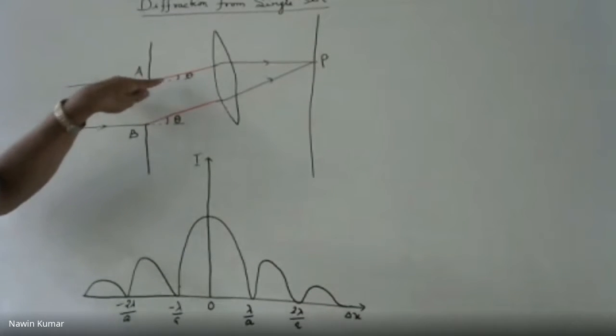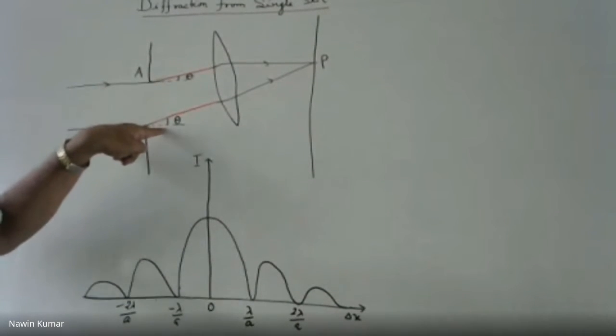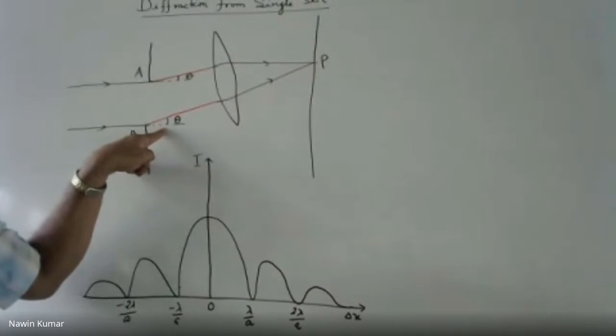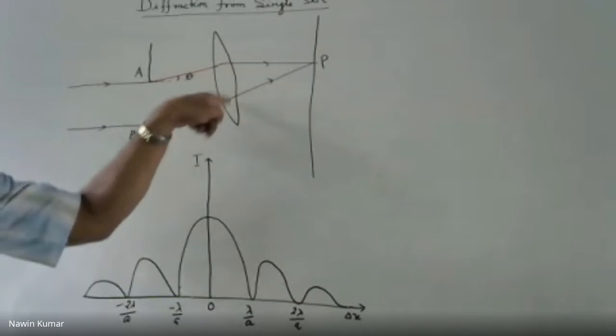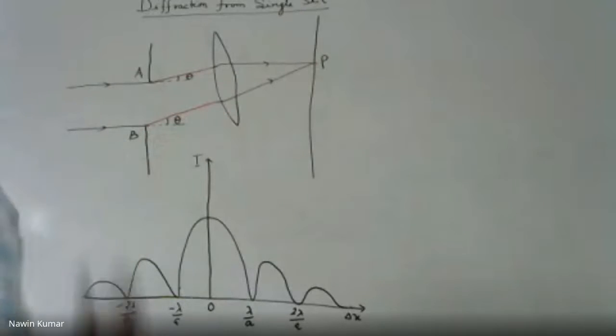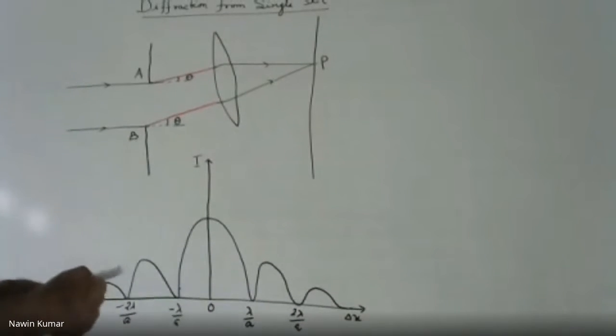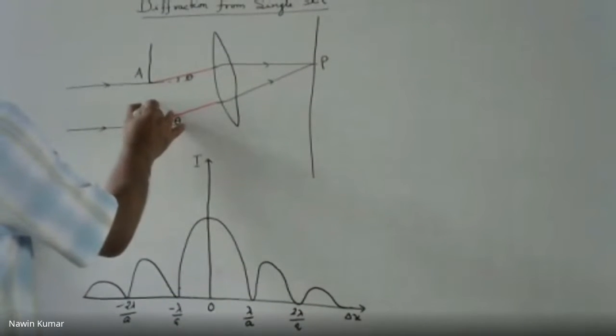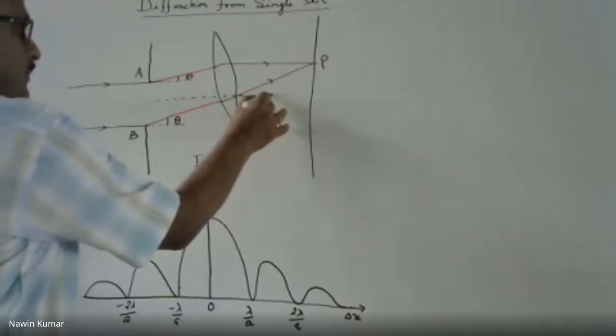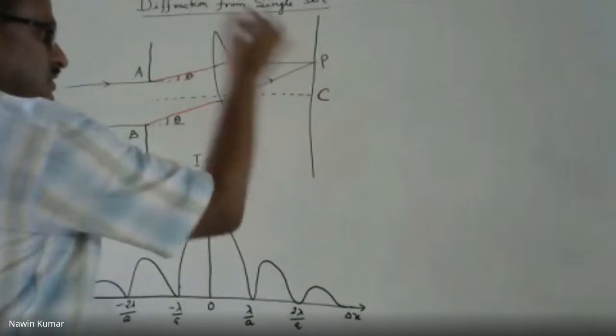and the light is diffracted at an angle theta, and a convex lens is placed to focus the light. The point P can be of minimum intensity or of maximum intensity.